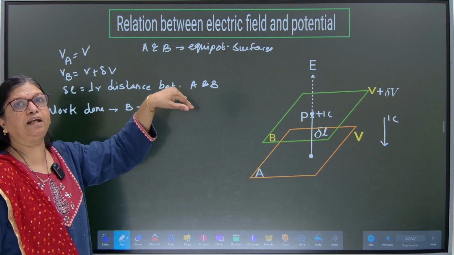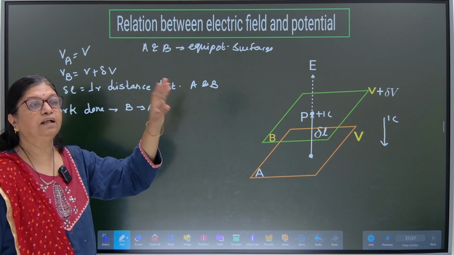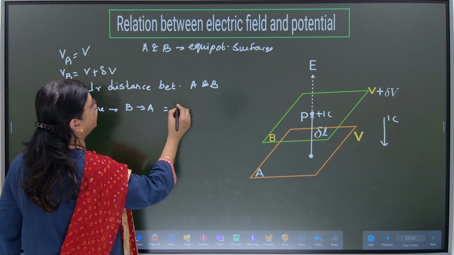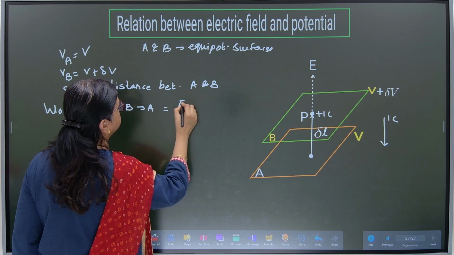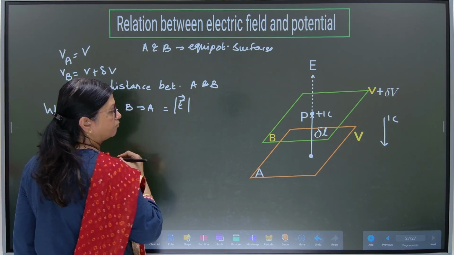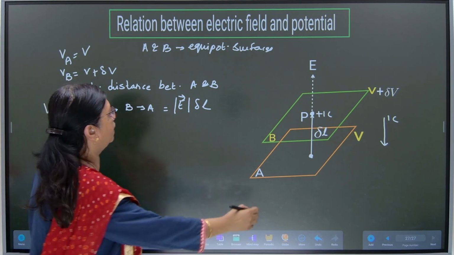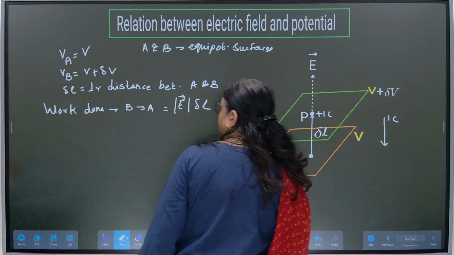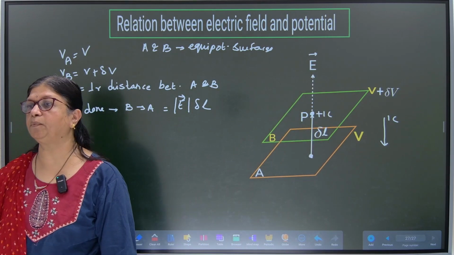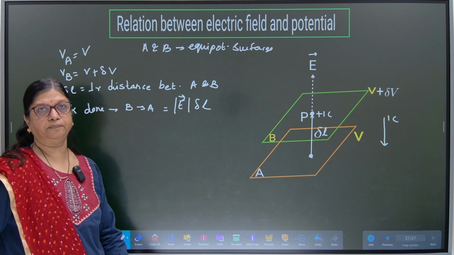From surface B to the surface A is equal to E delta L, where E is put in the modulus delta L.